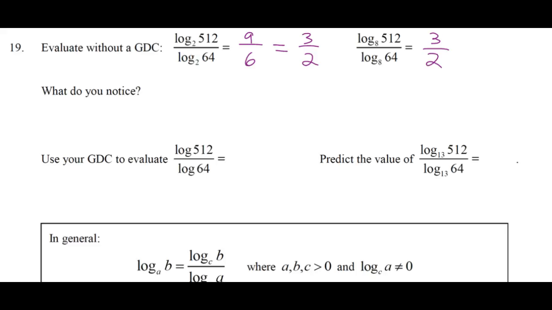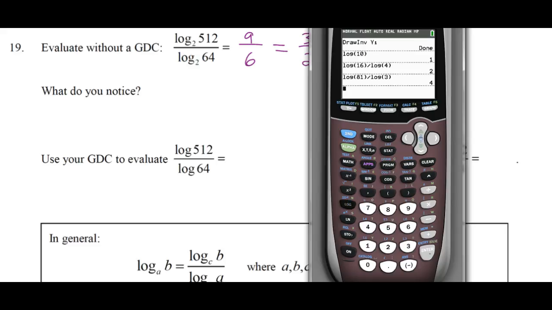The 512 one, it's like... Use your graphing calculator to evaluate log 512 divided by log 64. So this was a base 2 log. This was a base 8 log. This is a base 10 log. What's going to happen when we do log 512 divided by log 64? What do you think is going to happen?